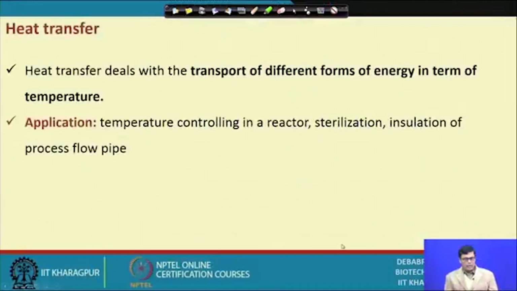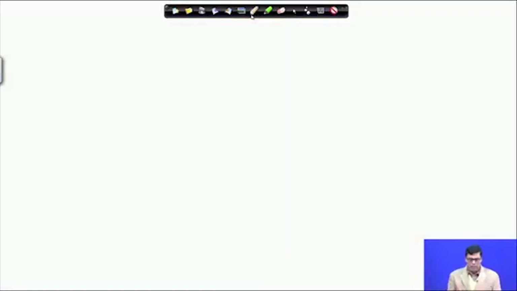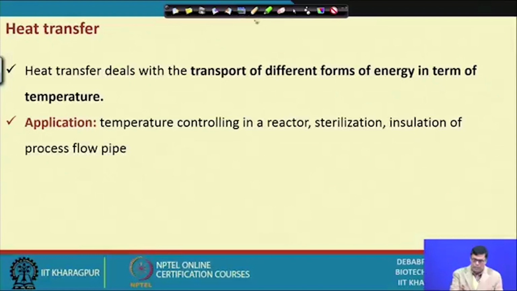Let us see that heat transfer deals with the transport of different forms of energy in the form of temperature. So this we understand. Now the biochemical industry largely applies it, the reason being that we require temperature control in a reactor, because I told you that organisms require a particular temperature for their growth and metabolism.